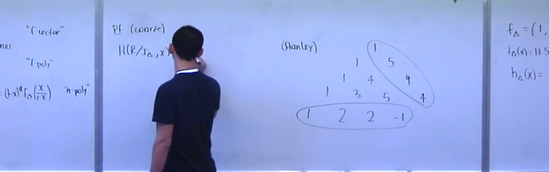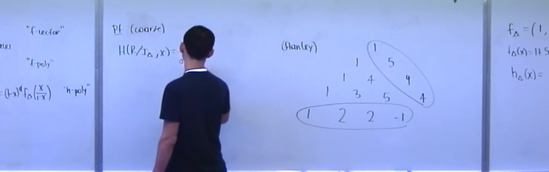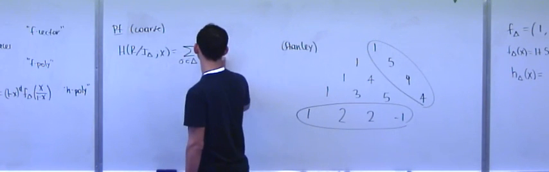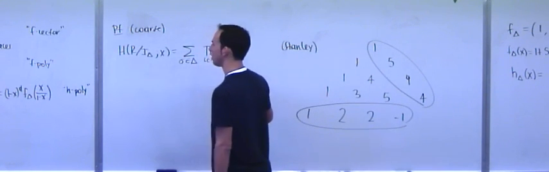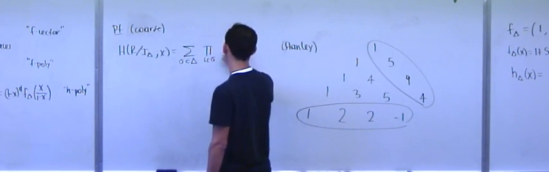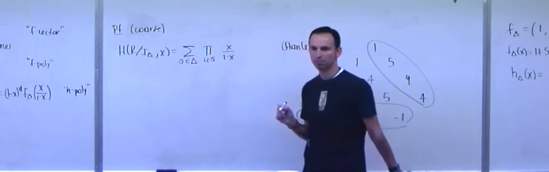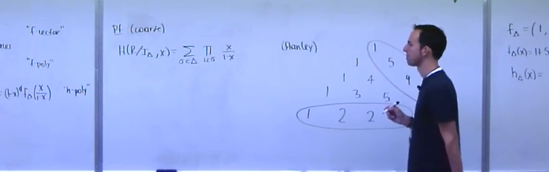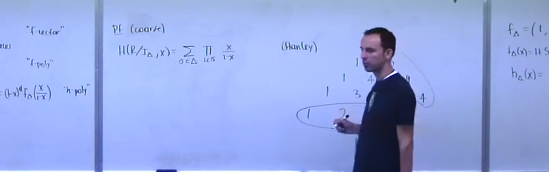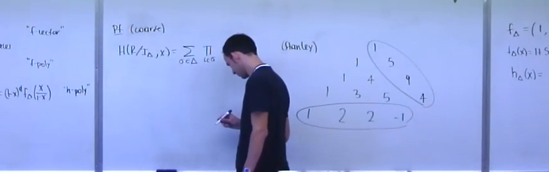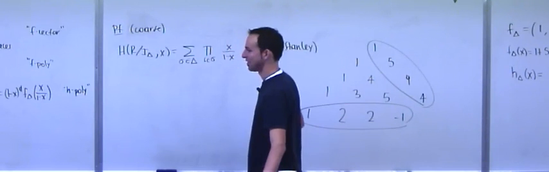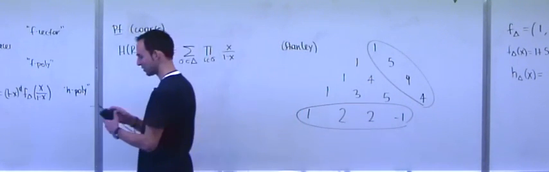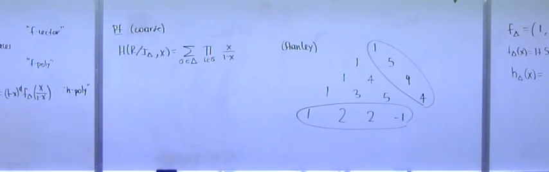So I need to take sum over sigma and delta, product over i and sigma, and then x over 1 minus x. Okay? I just plug in every xi equal to x. I'm going to smoothly switch batteries now. So we do that, right?